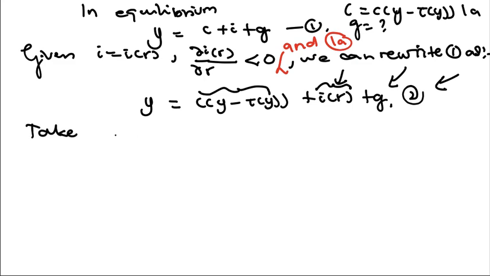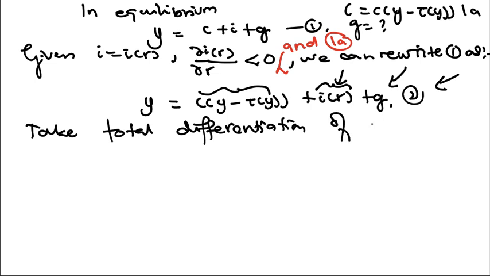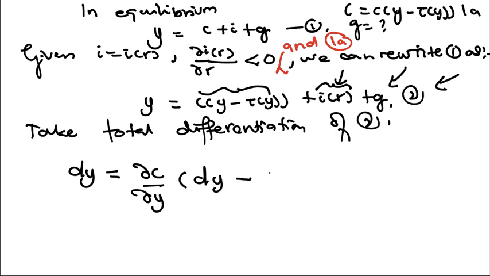Take total differentiation of 2. We do this. dY equals delta C over delta Y in bracket dY minus delta tau over delta Y dT, plus. Now how to totally differentiate the investment function here?